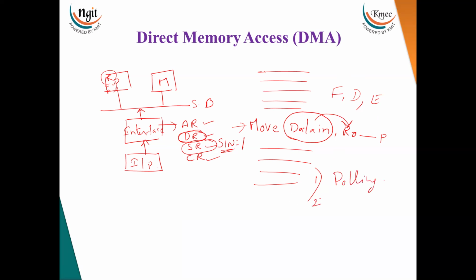To avoid this waiting, where the processor is not doing any work till the IO device gets ready, the second method is interrupt. With an interrupt, when the device is ready, it itself sends an interrupt signal to the processor, and till that time the processor can do some other job.